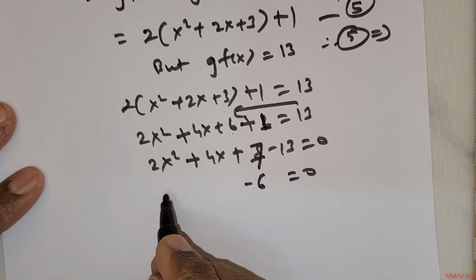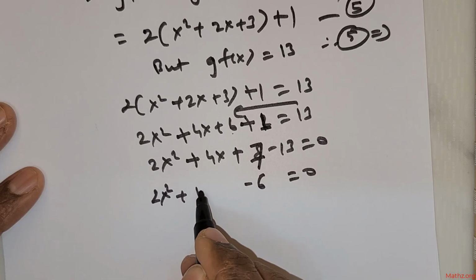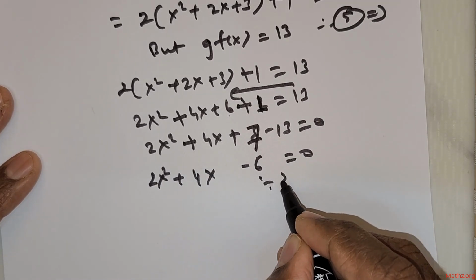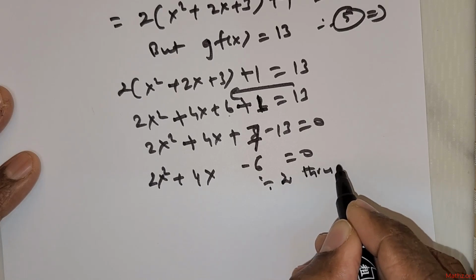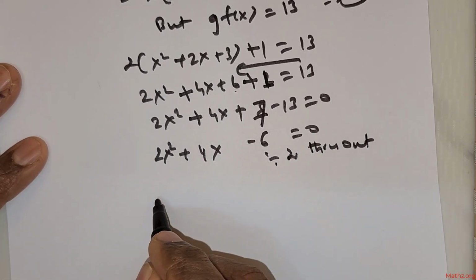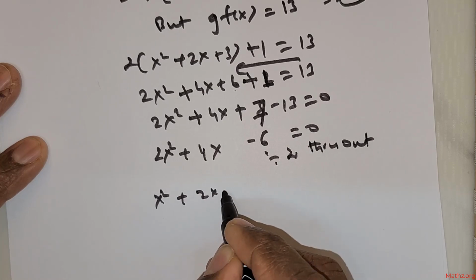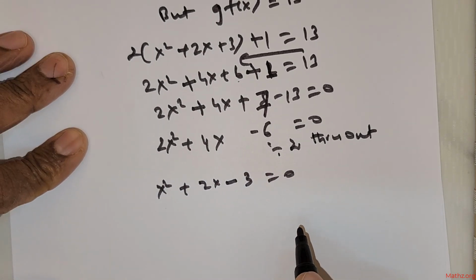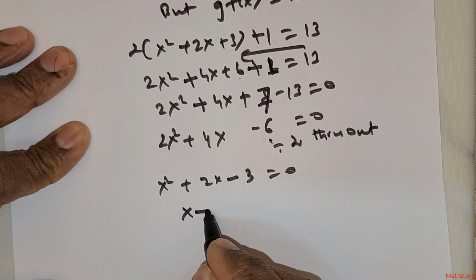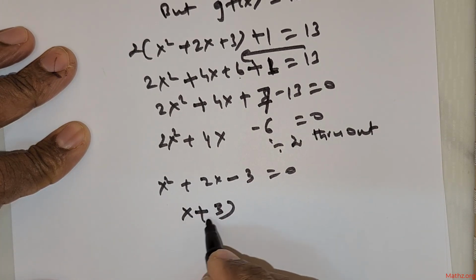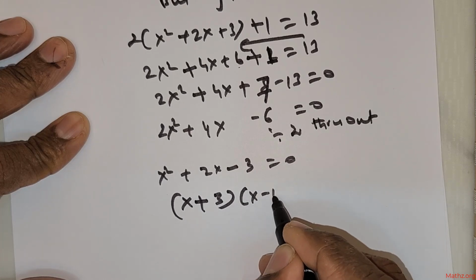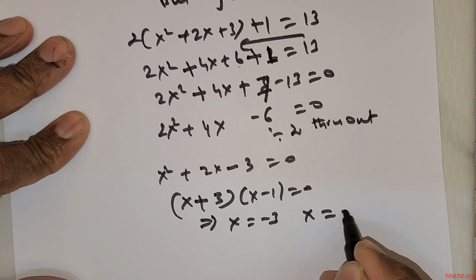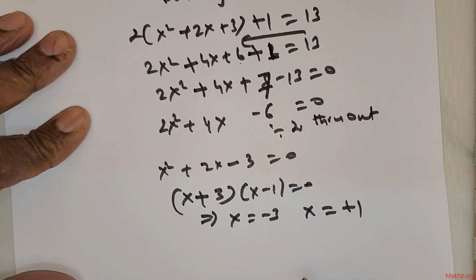That will give us a negative 6 here. So this is 2x squared + 4x - 6 is equal to 0. So we divide by 2 throughout. And that would give us x squared + 2x - 3 is equal to 0. This is what we are getting. Now if you were to factorize this, this is going to produce (x + 3) times (x - 1) is equal to 0, which means x is equal to -3 and x is equal to +1.